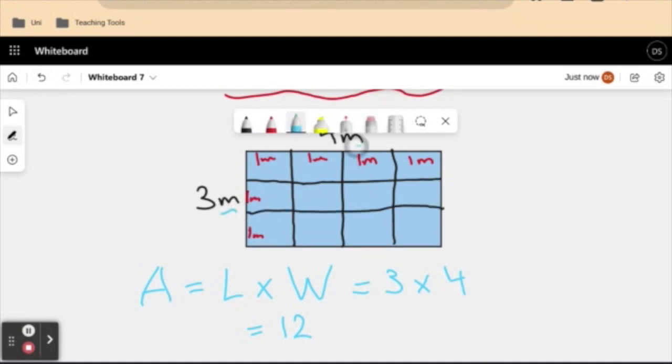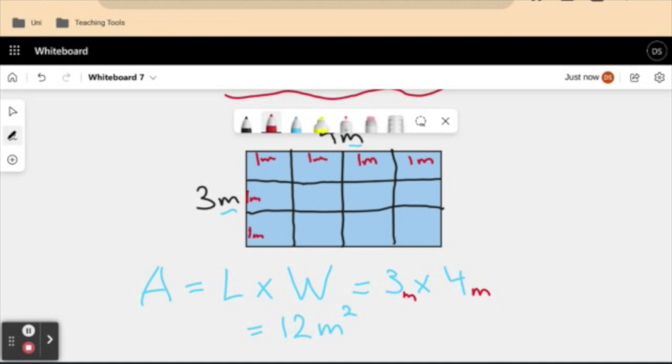So here we have meters, here we have meters, and we end up with meters squared. So I also should have written here, we have 3 meters by 4 meters. So that is essentially our area.